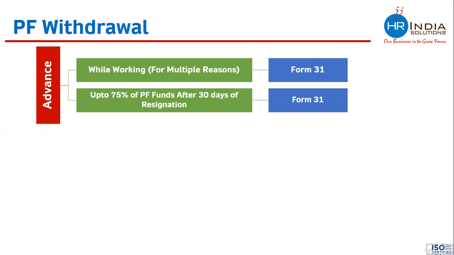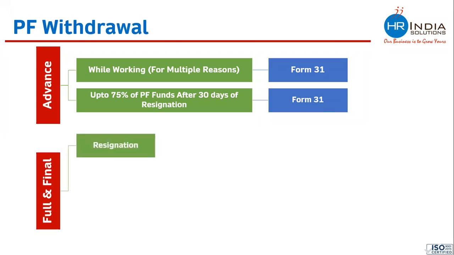Okay, so advance, you can apply for while working by filling Form 31. You can also apply for advance after leaving. Normally, it is allowed post 60 days, but after 30 days, you can apply for 75% of the total PF fund, and the same Form 31 is used. Second case is full and final settlement, when you are taking your entire money from Provident Fund and from pension also.